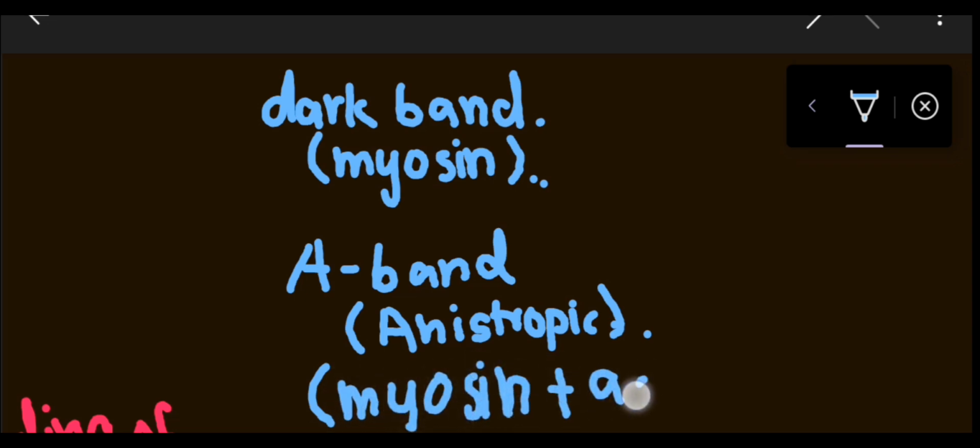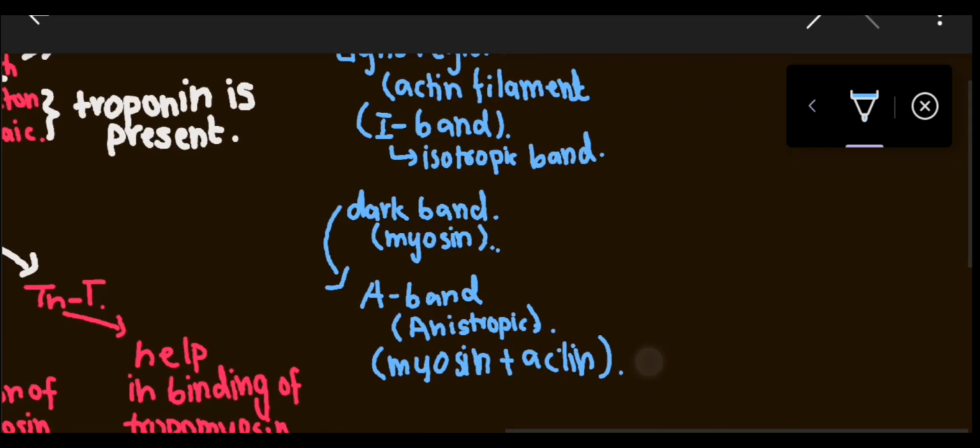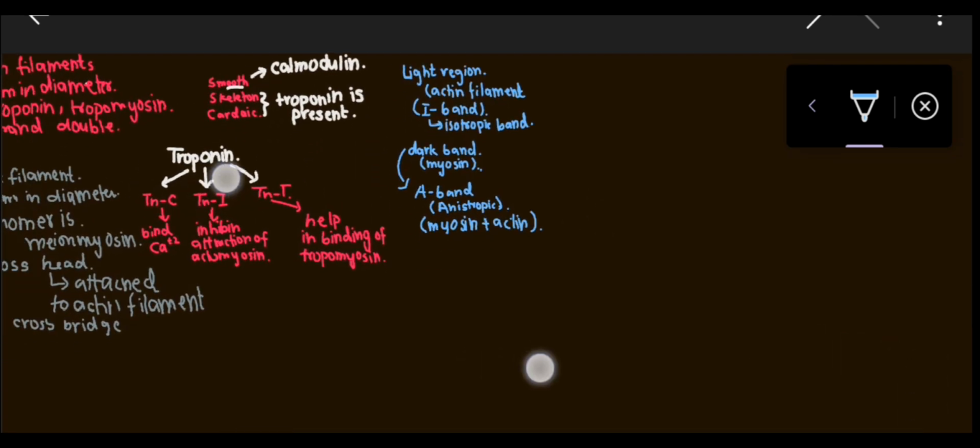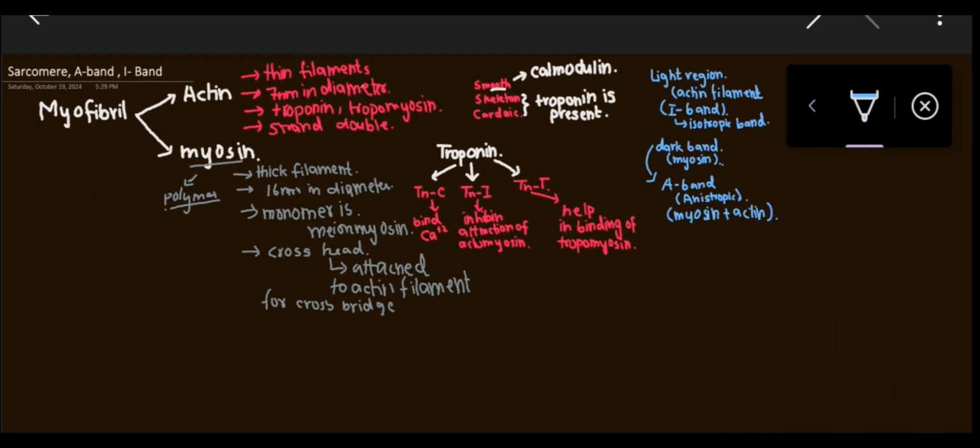It is also known as the dark band. So what we have learned is that the I band, or light band, contains only actin.